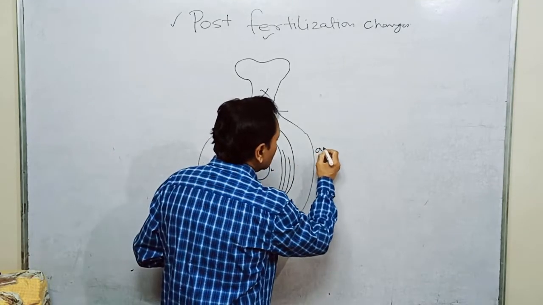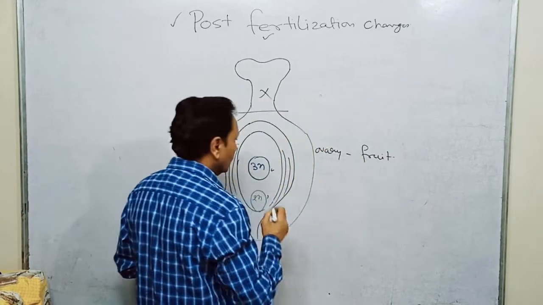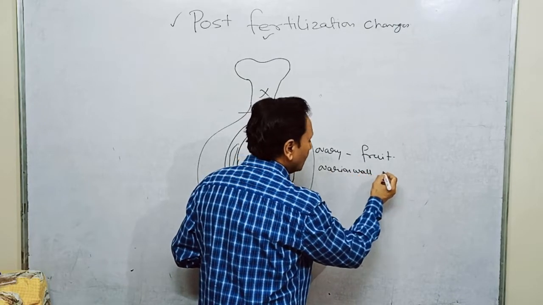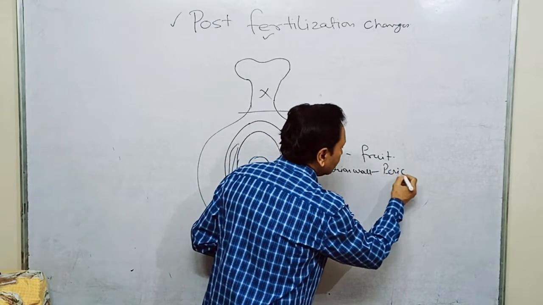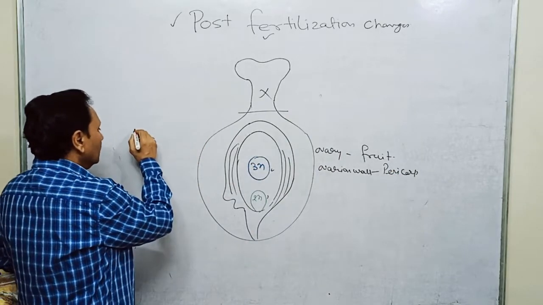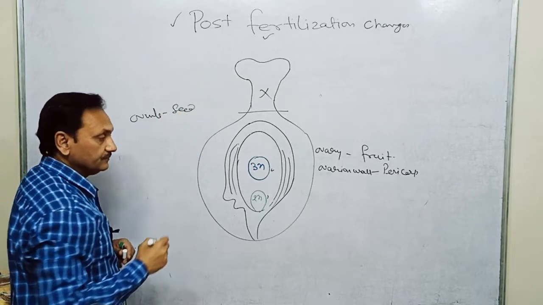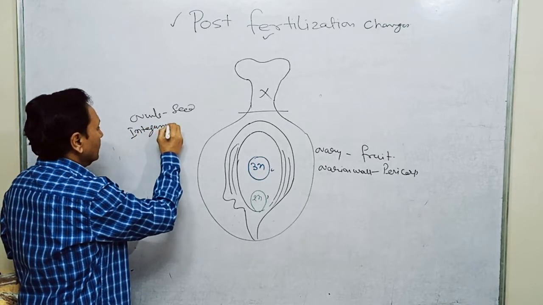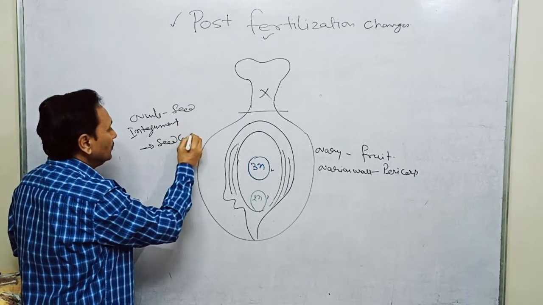The ovary forms fruit. The ovarian wall forms the pericarp. The ovule forms seed. The integument forms the seed coat.